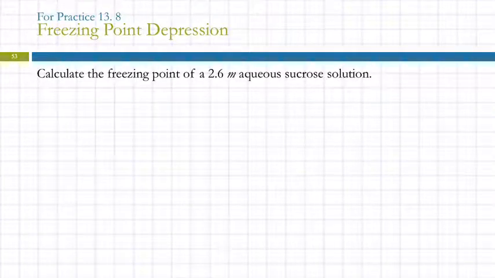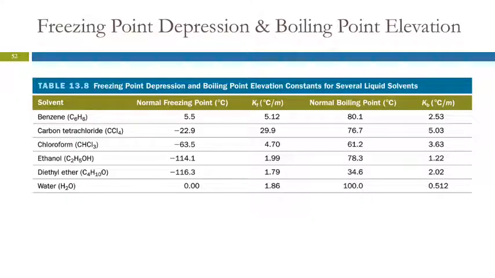Calculate the freezing point of a 2.6 molal aqueous sucrose solution. This is a colligative property. The fact that it's sucrose doesn't matter. The concentration is what matters, and aqueous meaning it's got water as the solvent.